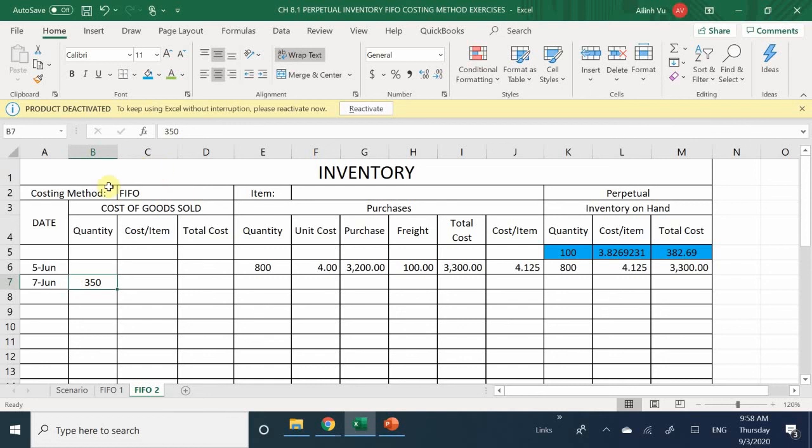Take away the 100, then you need to take 250 from the 800. Correct. We need to split the cost, so we only have 100 available, and we're using FIFO. Can we take 350 out of the 100 we have? No, we cannot. So we need to split the cost.